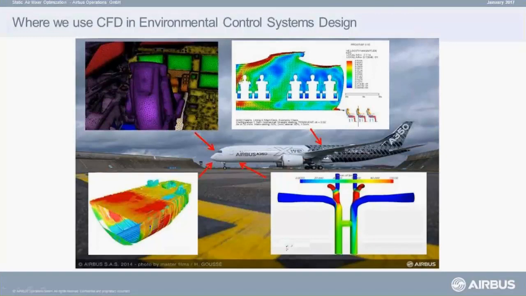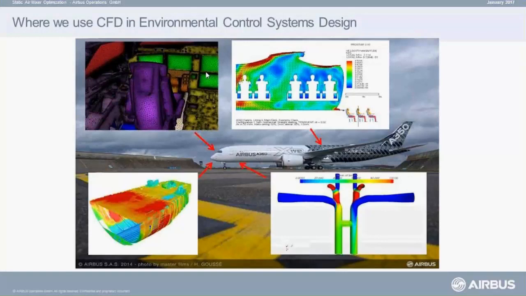When we talk about CFD in environmental control systems, the domain where I'm working in, we use CFD in many areas of application. As you can see, we did a simulation of the flow patterns and the thermal conditions in the cockpit. We did also simulations for the avionic compartment, here in the lower left-hand corner.